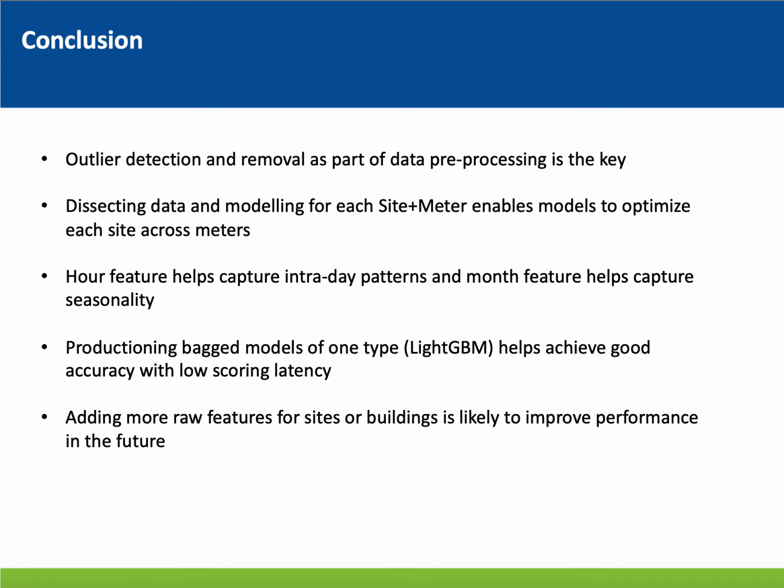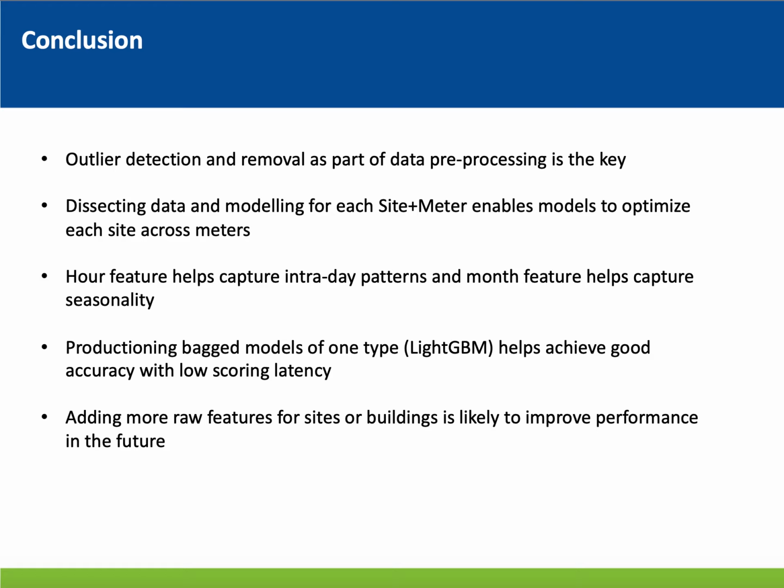So these are our key takeaways from this competition. We found that outlier detection and identifying and removing it from the data was the most important aspect. Secondly, we dissected the data for every site and meter, and hence we were able to optimize the models for each of the sites.